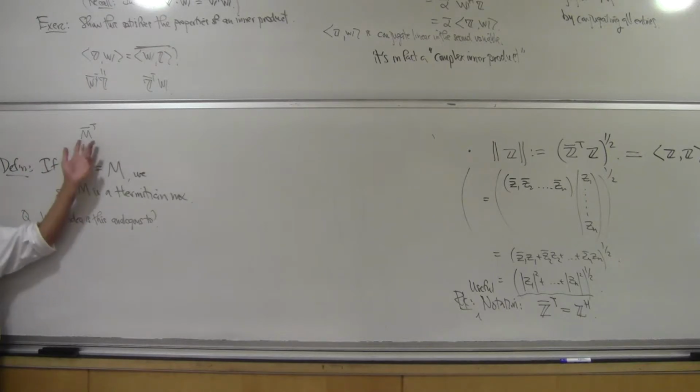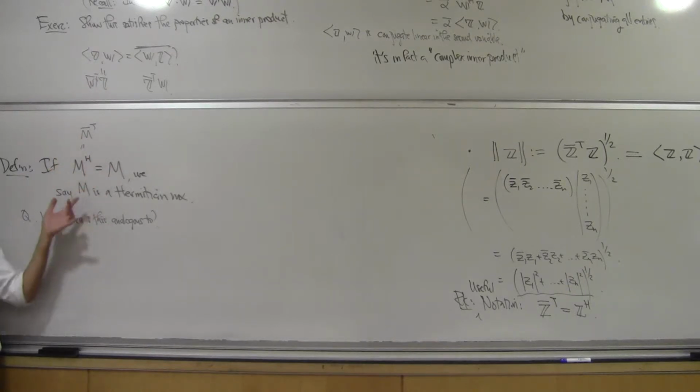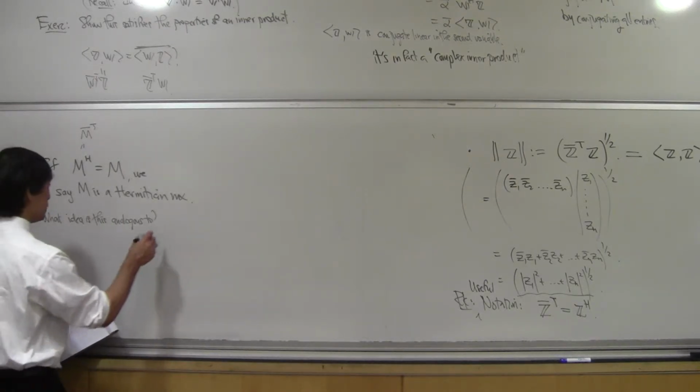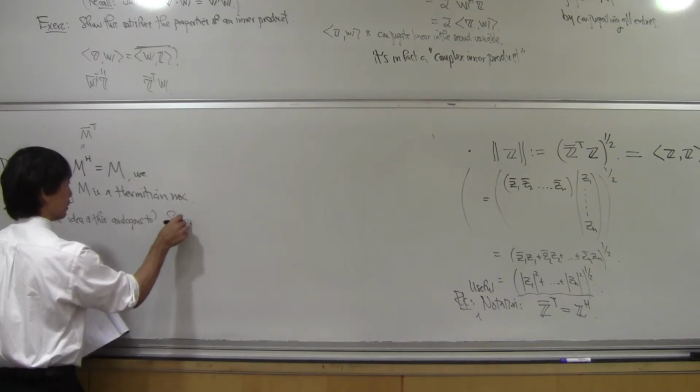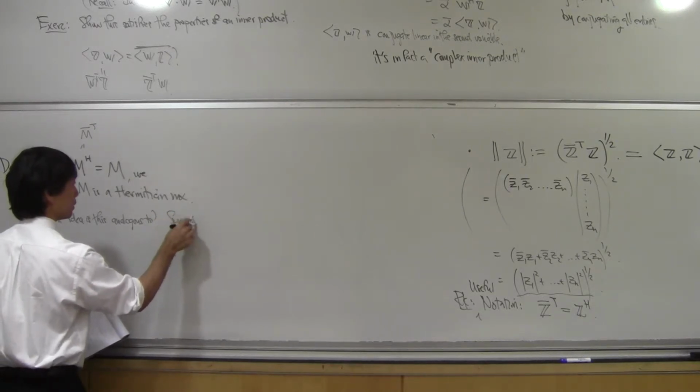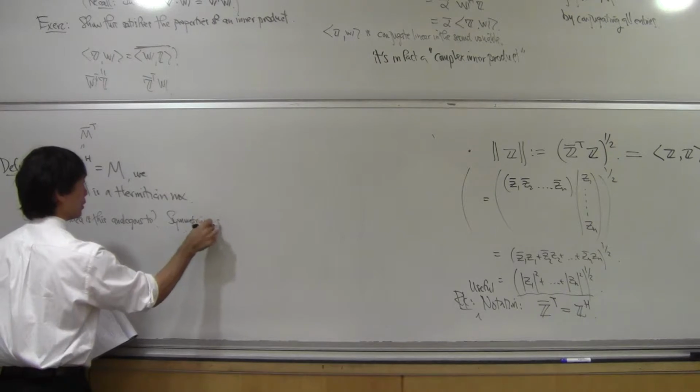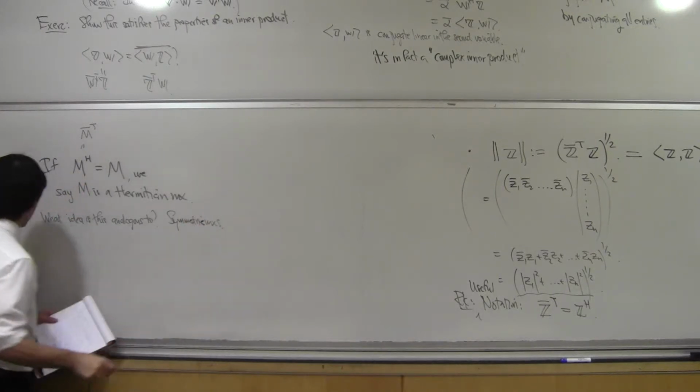If this is a real matrix, then M conjugate would just be M. So what this would be saying is that M transpose equals M. So it'd be a symmetric matrix. A real Hermitian matrix would be a symmetric matrix.